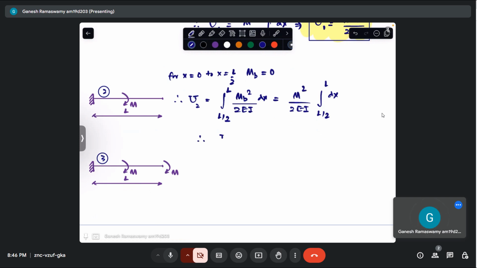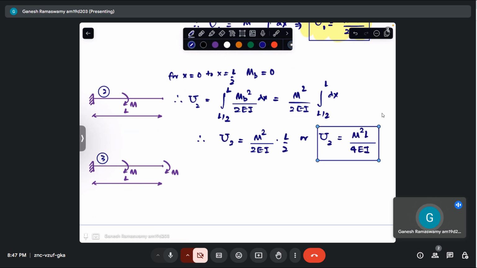So U2 is nothing but M squared by 2EI into L by 2, or U2 is M squared L by 4EI. So we have got the strain energy for the second system as well.